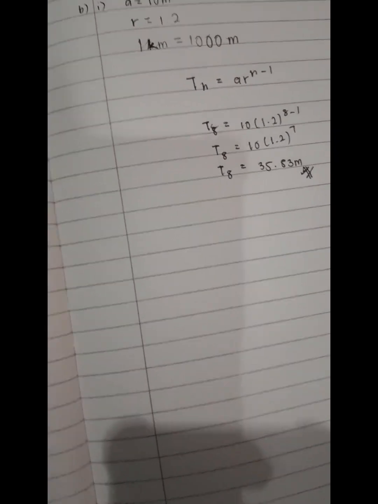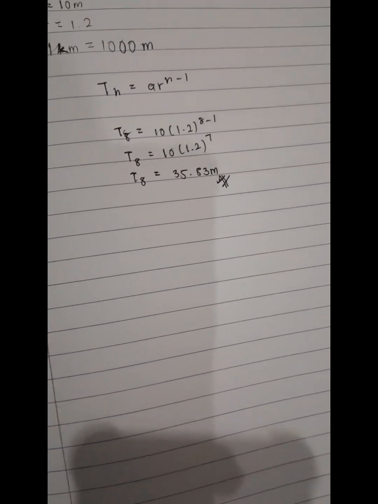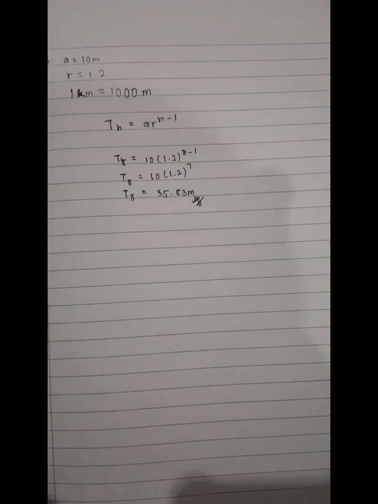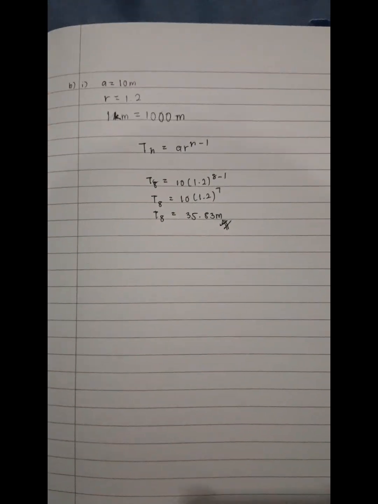So in Roman 2, they ask to find the time in seconds needed to cover the whole journey. This means we need to find the sum of the first n terms of a geometric progression. We need to find the smallest integer n such that the sum of the first n terms is greater than or equal to 1000 meters. So we use the formula Sn equals a bracket r to the n minus 1 over r minus 1.